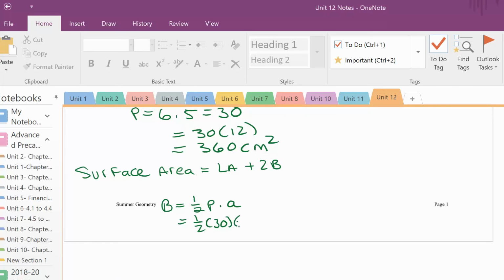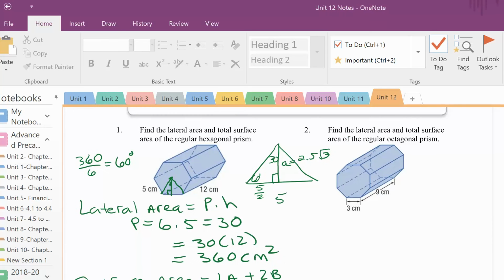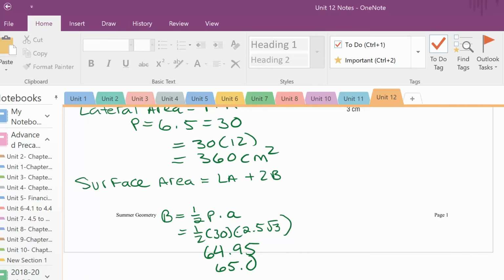So it's 1/2 times 30 times 2.5 root 3. When you multiply that in your calculator, you get that the area of one base is 64.95, so basically 65.0, because you should probably round to the nearest tenth.